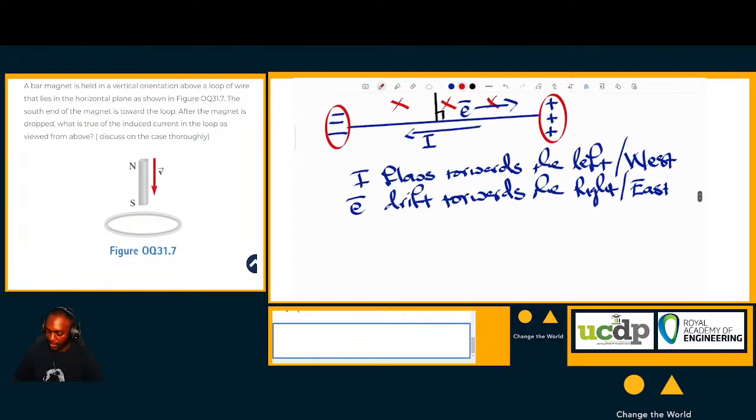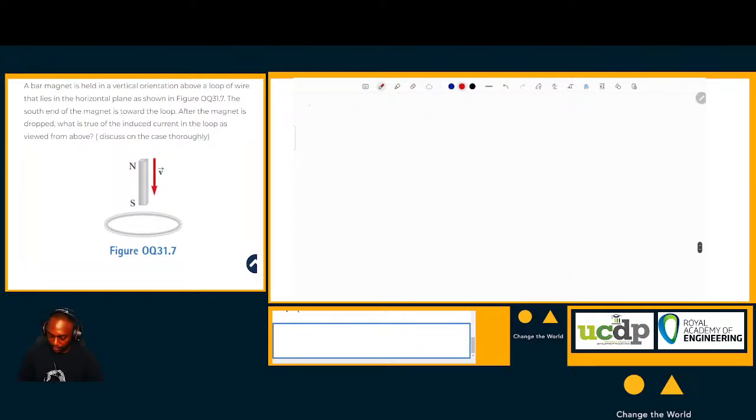So question 9. Question 9 reads, a bar magnet is held in a vertical orientation above a loop of wire that lies in the horizontal plane as shown. The south end of the magnet is towards the loop.